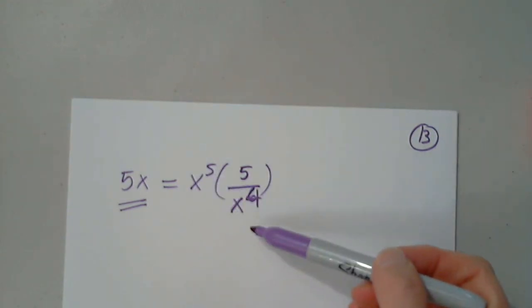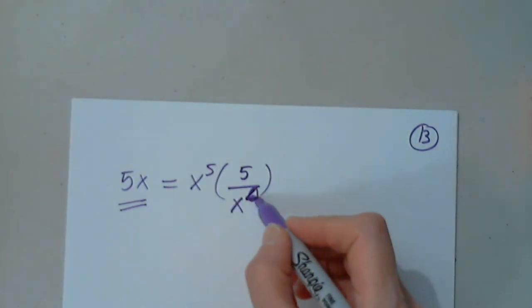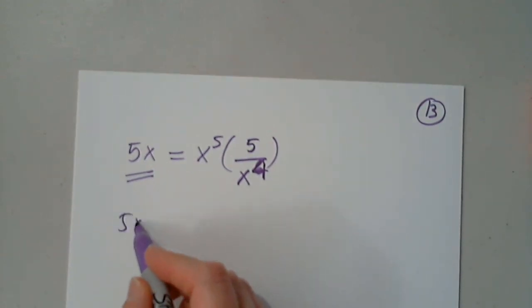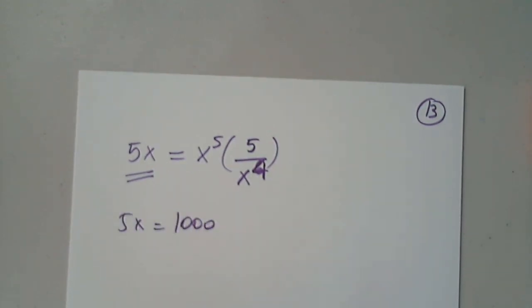When I simplify, 5x to the 5th over x to the 4th is x. From 5x, I can factor out 1,000 if I want to, as long as I have 5x over 1,000 in here.